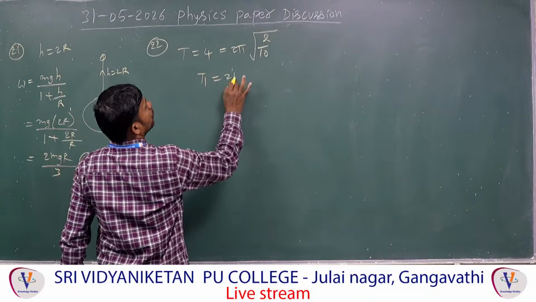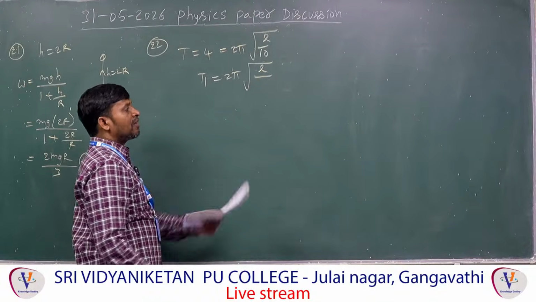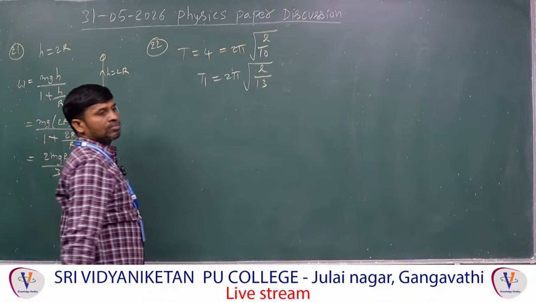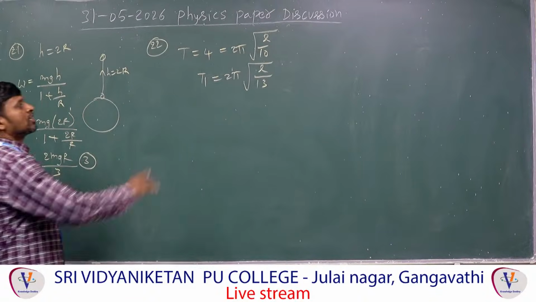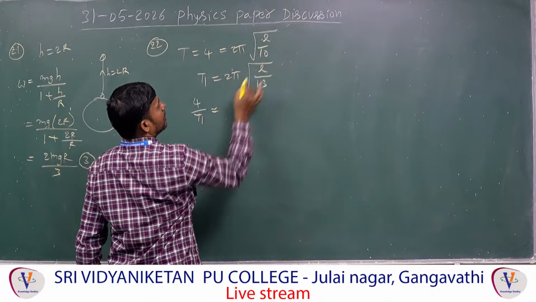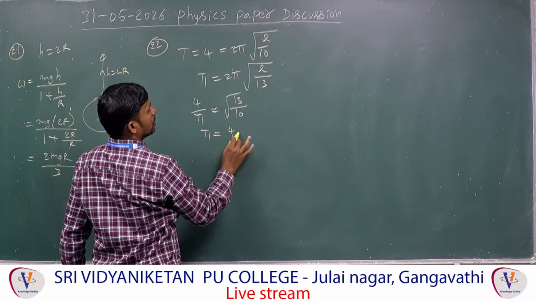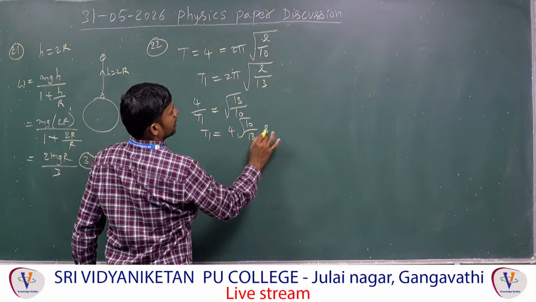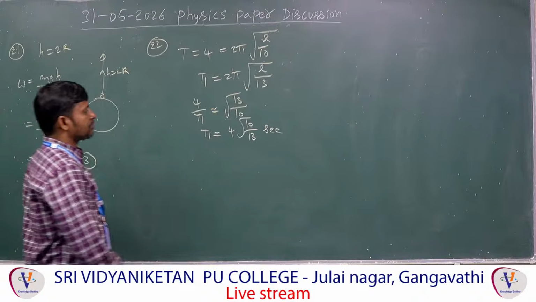That time period is 2 pi into root of L by g plus a, that is g plus a, 10 plus 3, 13. Dividing both, 4 by T1, 2 pi and L cancel, this value is reversed. Therefore T1 is equal to 4 into root 10 by 13, like the fourth option.